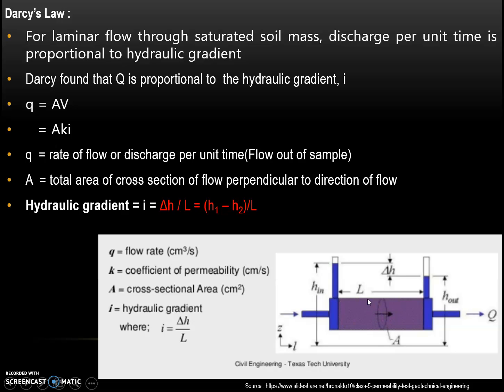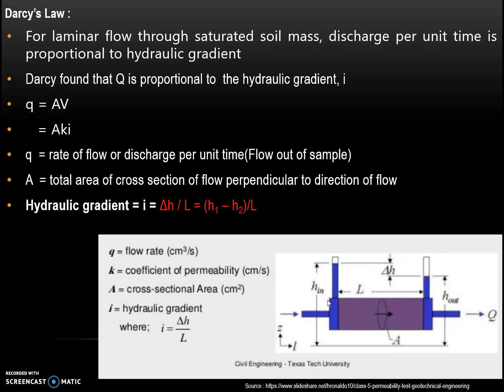So in this figure, we have a soil sample whose cross-sectional area is A. And at point 1, that is at the inlet, the head is H in, and at outlet, that is at point 2, H2 is H out.